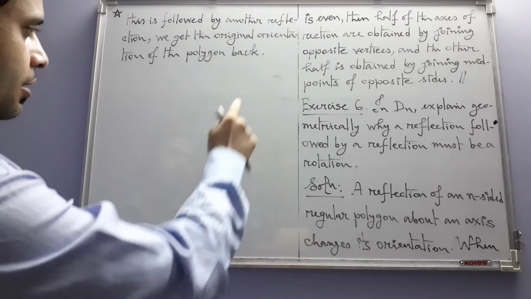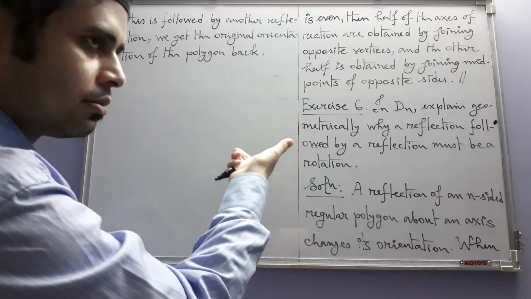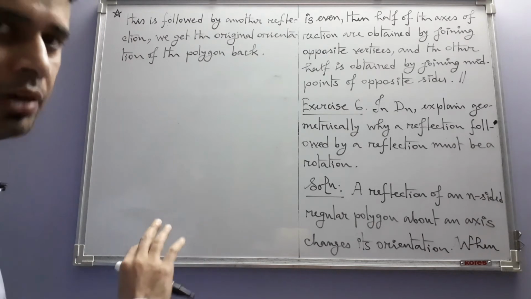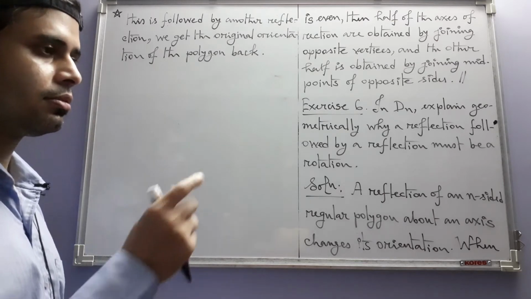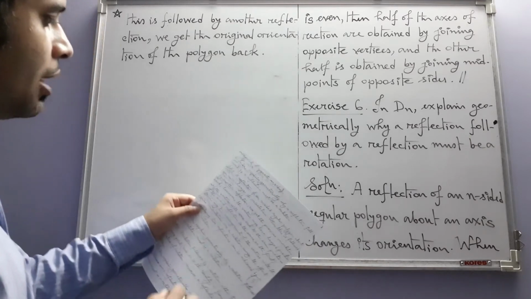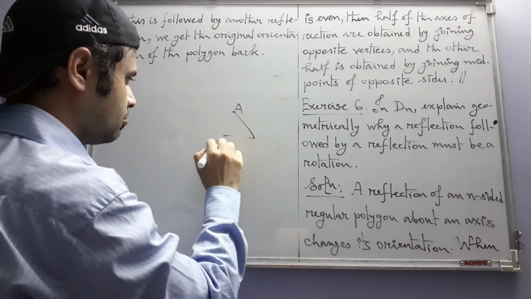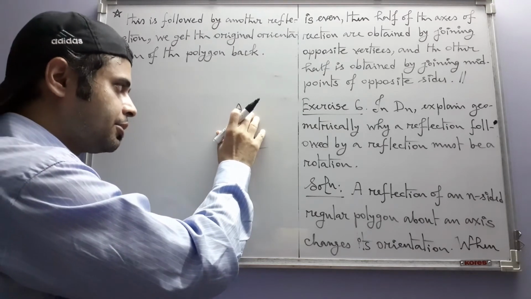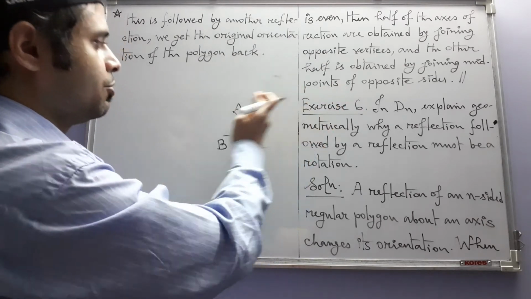If the triangle is like this, you can first flip the triangle about one axis and then again flip the triangle about a different axis. But when you do so, from the triangle's point of view, you are looking at the triangle from this side, and once the flip is made, you have moved to that side.